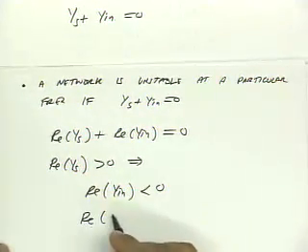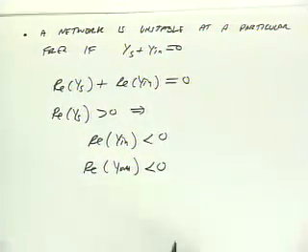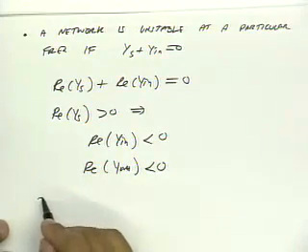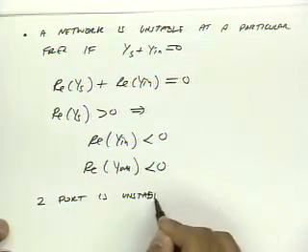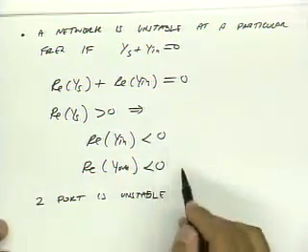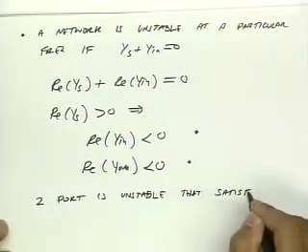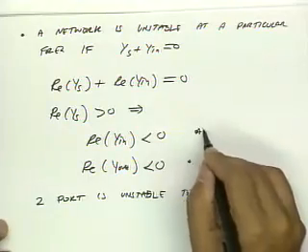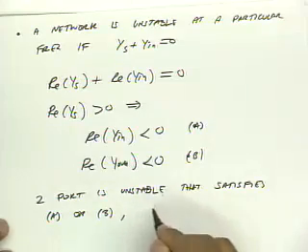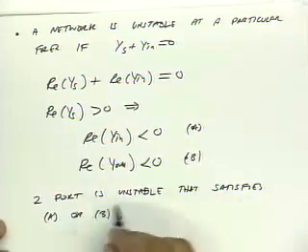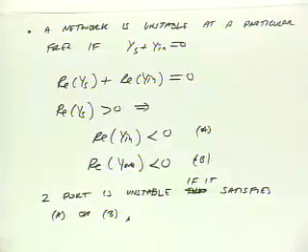And using the same argument, it implies that this term is negative. So if we have a two-port that has any of these two conditions satisfied, let's call this A and B, so a two-port is unstable if it satisfies either condition A or condition B. Okay?